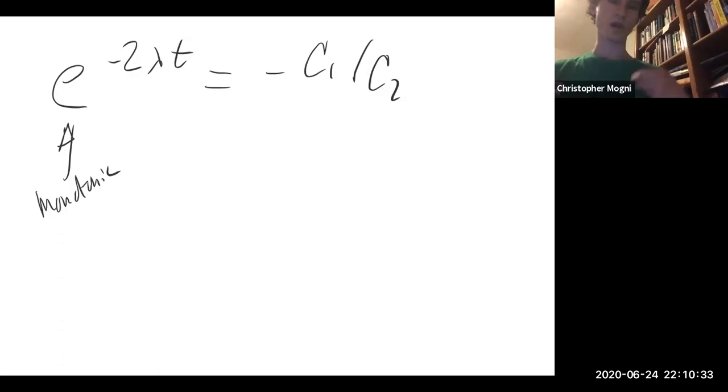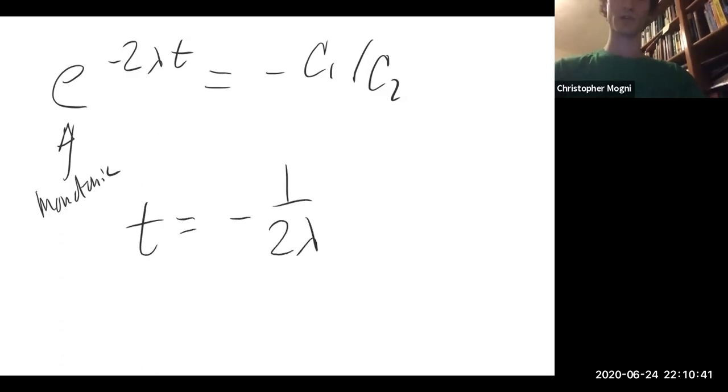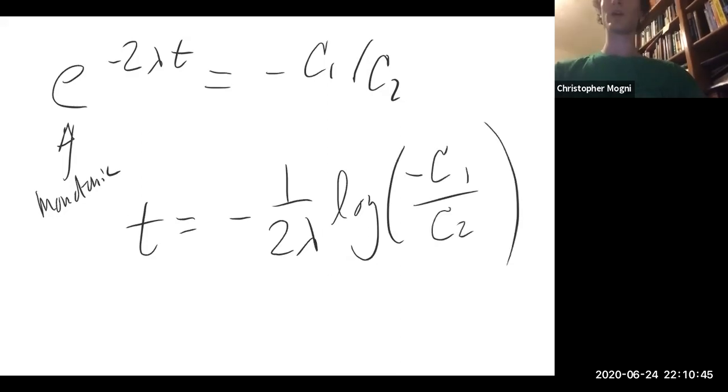A more transparent, less opaque version of this is to actually solve the equation for t. t is going to be equal to minus 1 over 2 lambda times the log of minus c1 over c2. So depending on the sign of c1 and c2, this again at most is going to have one time at which this can be satisfied. If minus c1 over c2 is positive, then there actually is a solution to this equation.